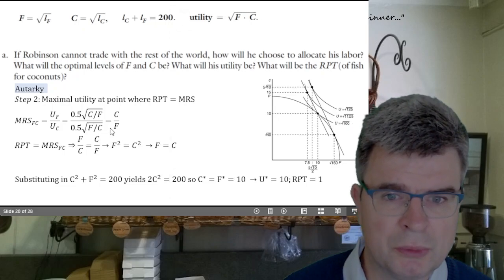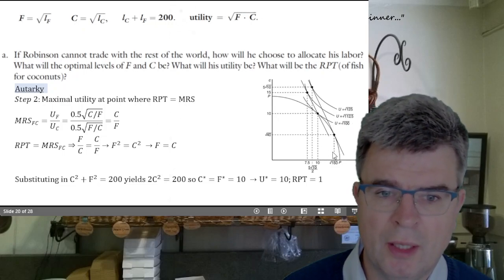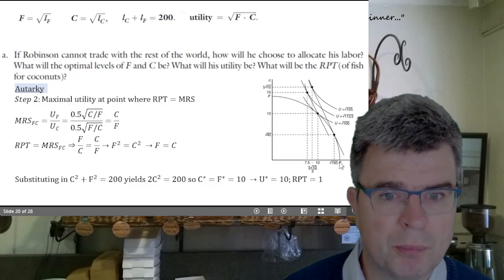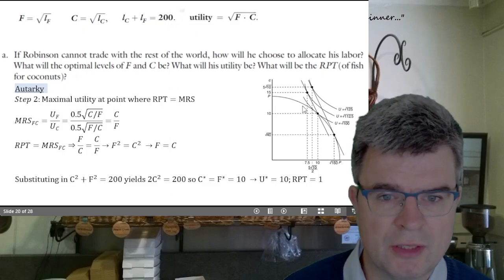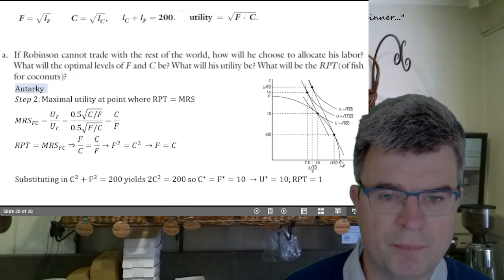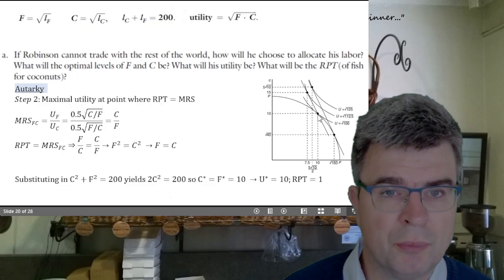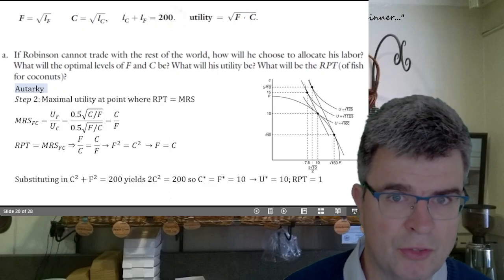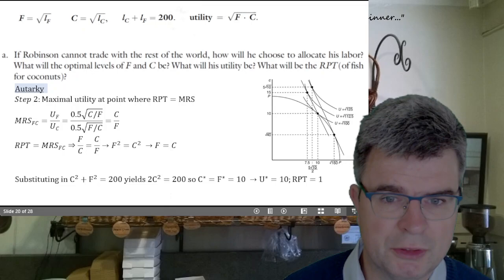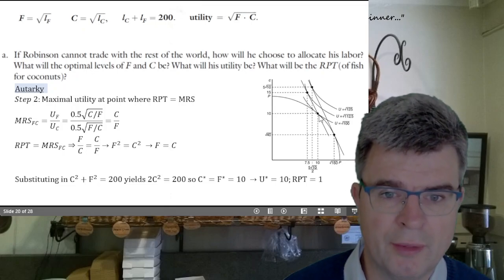You can also see this graphically. The production possibilities frontier is this curve that we have over here. At this point, we only produce fish. At this point, we only produce coconuts. One option is to catch 10 fish and to gather 10 coconuts, which is the point over here.